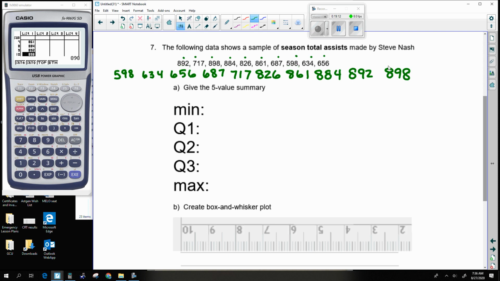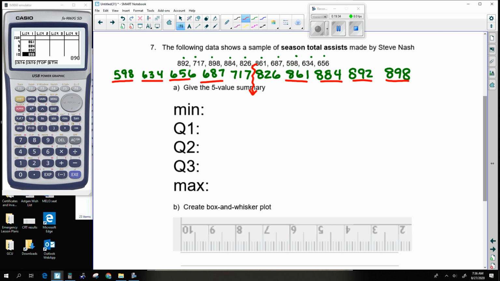All right, to find our 5-value summary, isn't it nice that they write these things down, is to find the median. So to find the middle. I see that the median is going to exist between those two numbers right there.